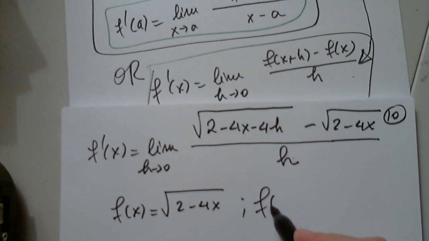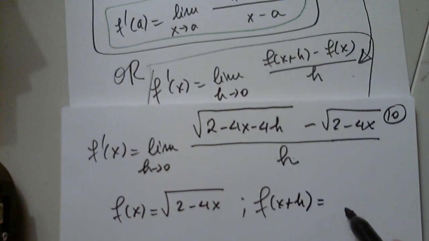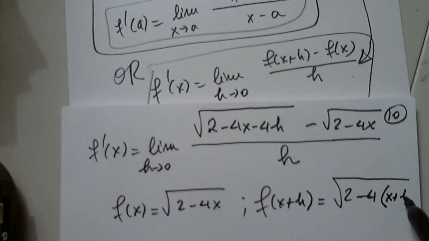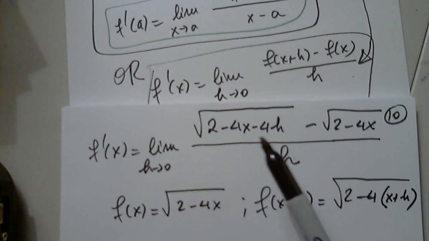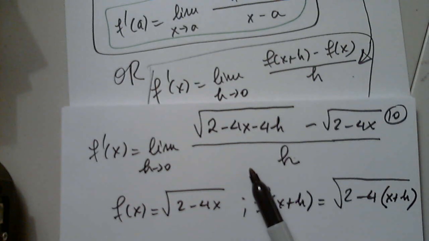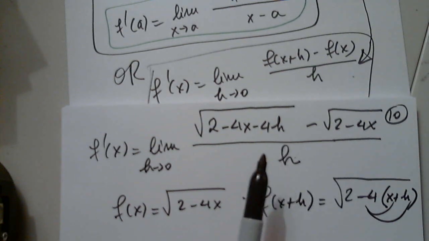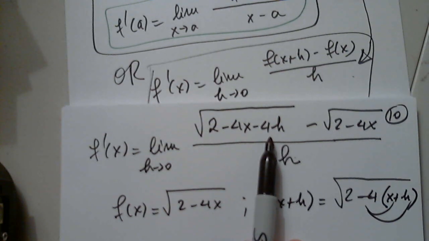So then you can see that f of x plus h is the square root of 2 minus 4 parentheses x plus h. Because I don't want to write this twice, it's ugly as is. I already distributed, but you have to distribute -4 to both terms. So you have it written like this.